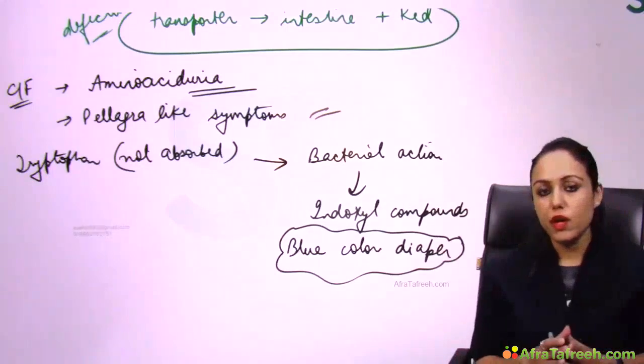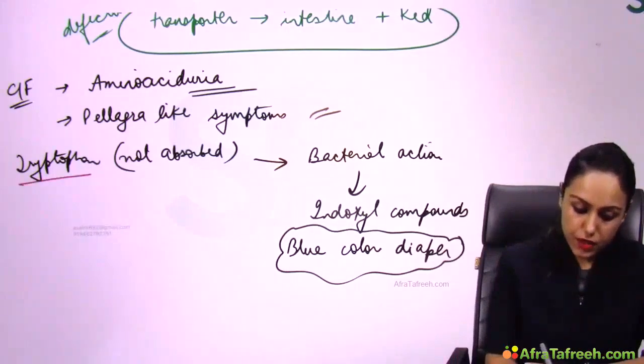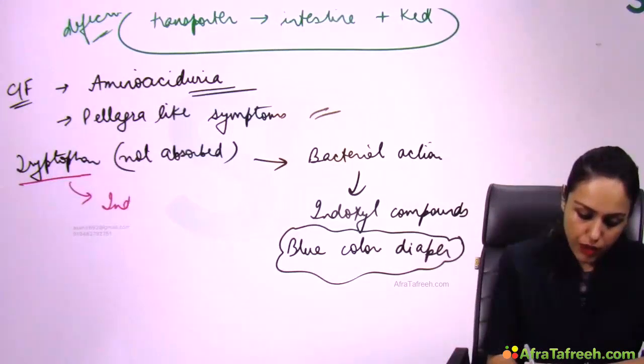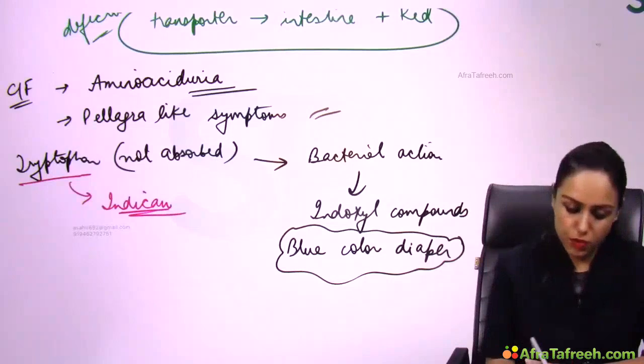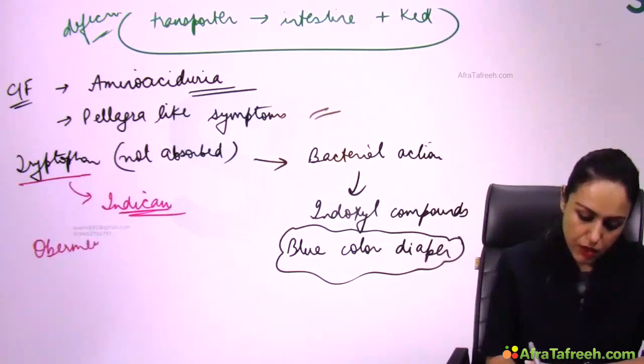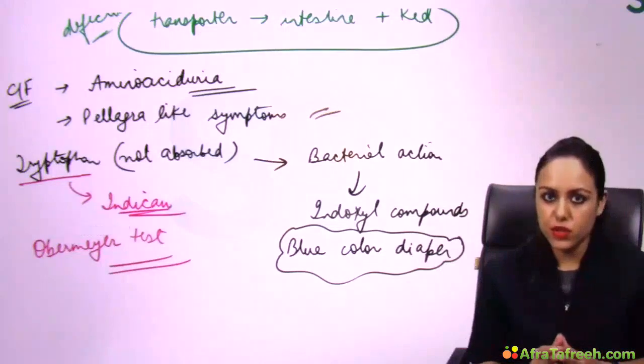Blue color diaper, right? And also in intestine, this tryptophan will be forming indican compounds. Indican compounds are detected by Obermeyer test. So this Obermeyer test will be positive in Hartnup's disease, right?